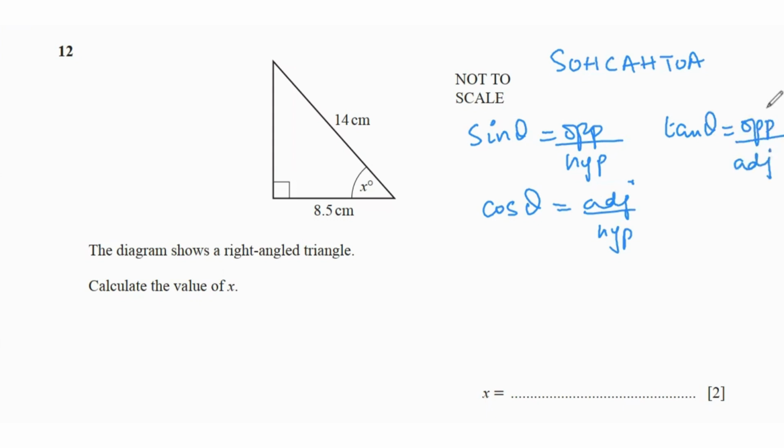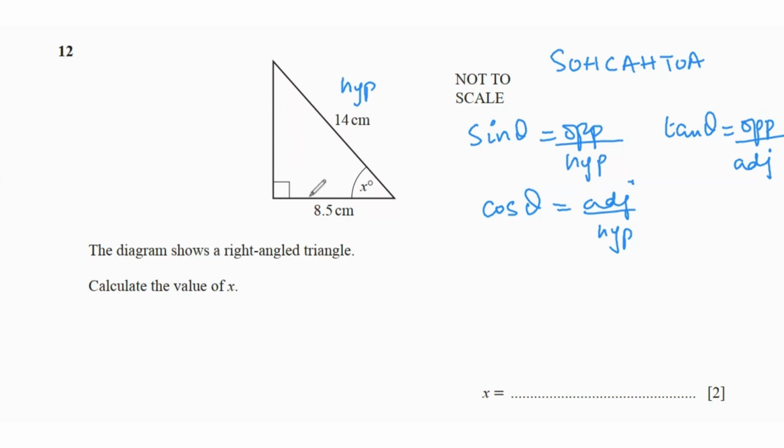Now, talking about the opposite, adjacent, and hypotenuse, the hypotenuse is always your diagonal length. So this slant length is always the hypotenuse. Emphasis on always. Never get confused about the hypotenuse. Talking about the opposite and adjacent, adjacent is the line on which the angle that you're using or trying to find lies.